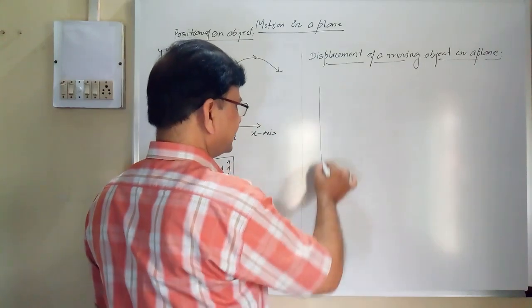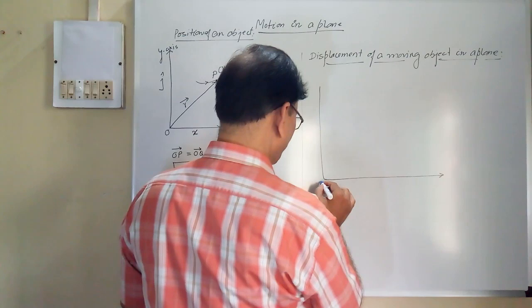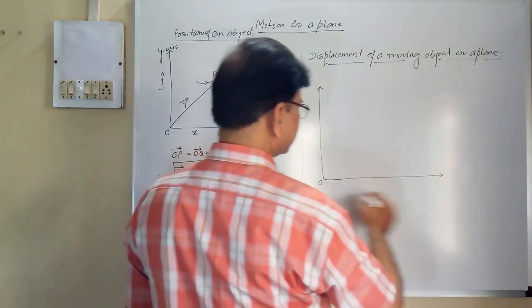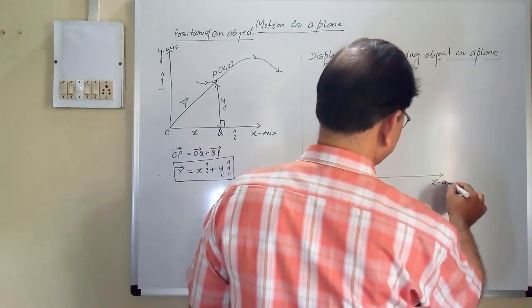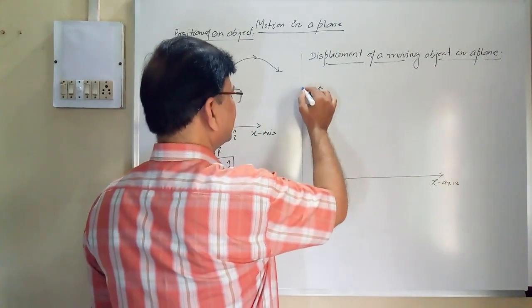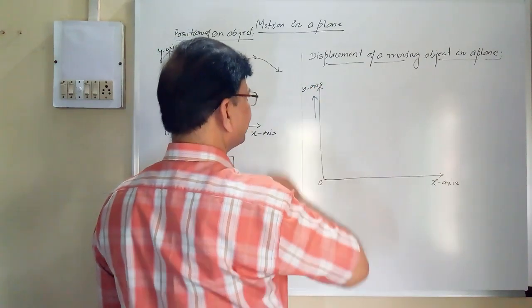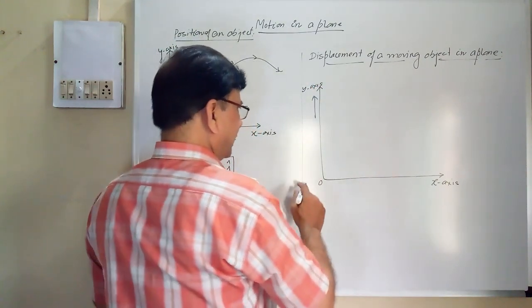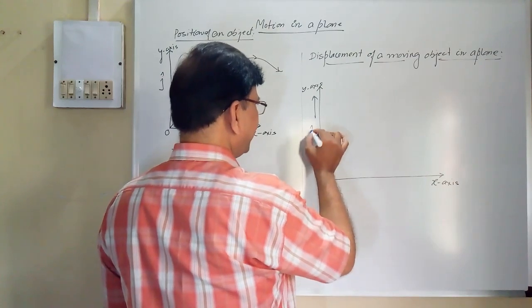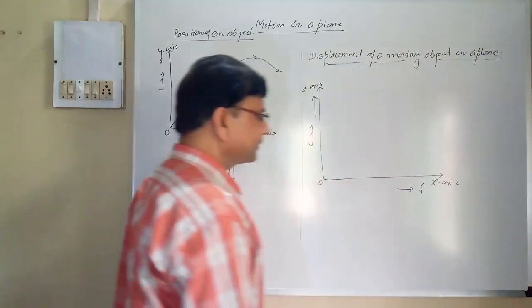Again, this is the reference frame, this is the origin, this is the x-axis of the reference frame, this is the y-axis of the reference frame, and the unit vector is j, and in this direction the unit vector is i.